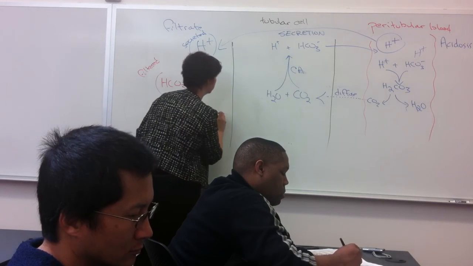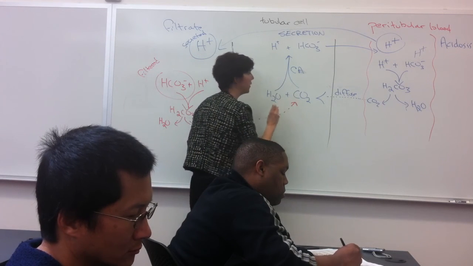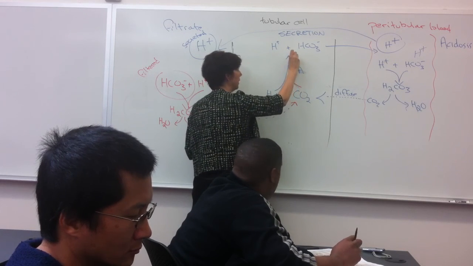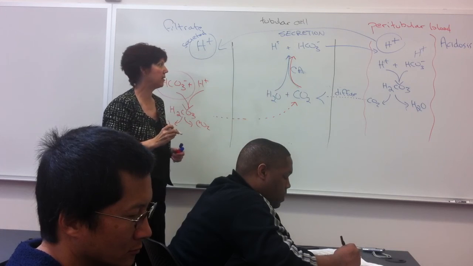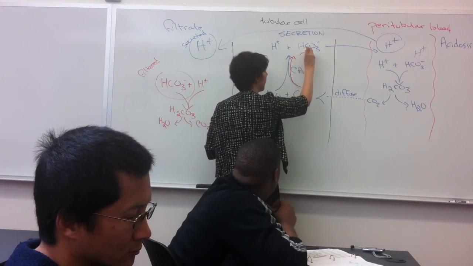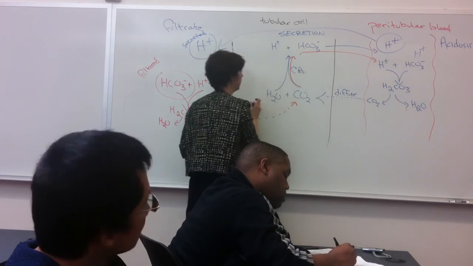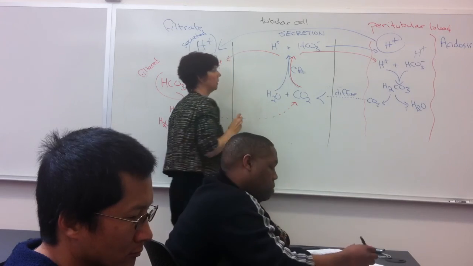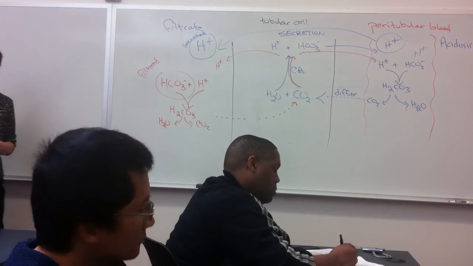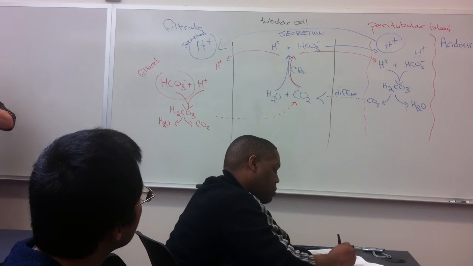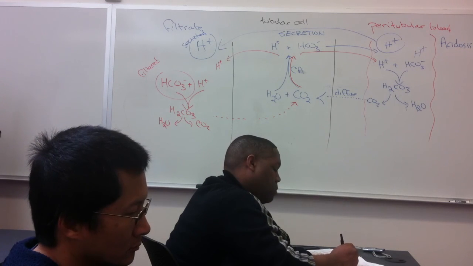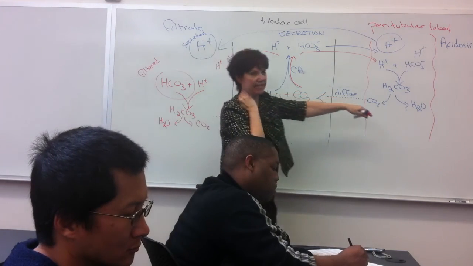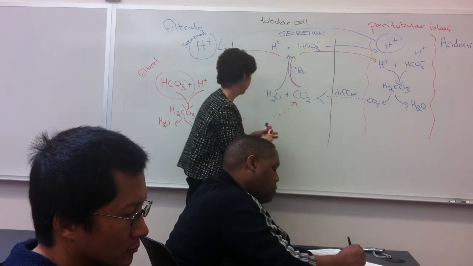Carbon dioxide diffuses into the cell, follows the same pathway, using the same carbonic anhydrase, and now the carbon dioxide moves out of the cell, and the hydrogen ion moves back to the filtrate. So we overcome those basolateral and apical membrane blocks by taking bicarbonate ion from the filtrate and reabsorbing it back into the blood.